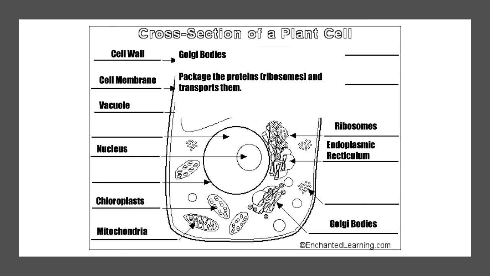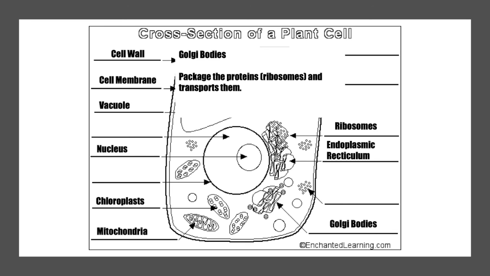All right. Next is our Golgi bodies. We talked about that also. And our Golgi bodies do what? Good. They package proteins and they transport the proteins to the endoplasmic reticulum. Do you guys have any questions about plant cells? Correct.